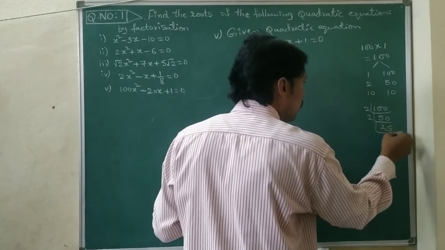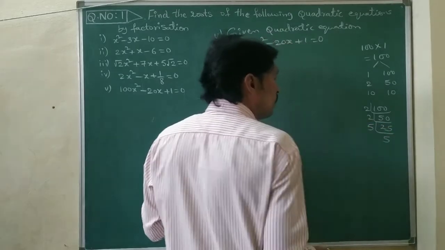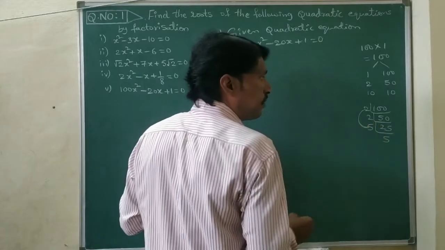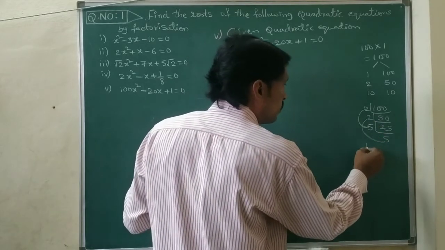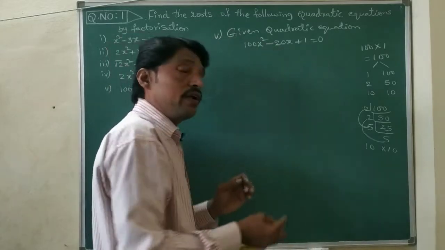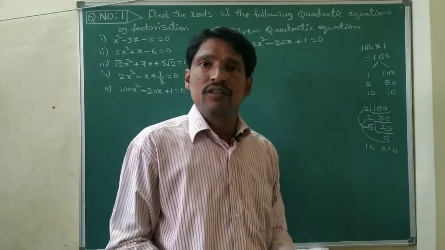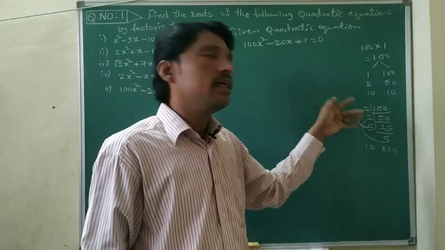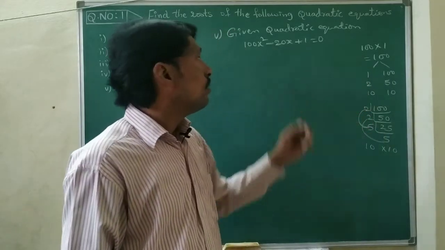Now we need to choose from here too. 5 twos are 10, 5 twos are 10; 10 into 10, 10 tens are 100. But here 20 is there. If we add, we can get 20. Here also we are getting it, but it is another way to find the middle term.